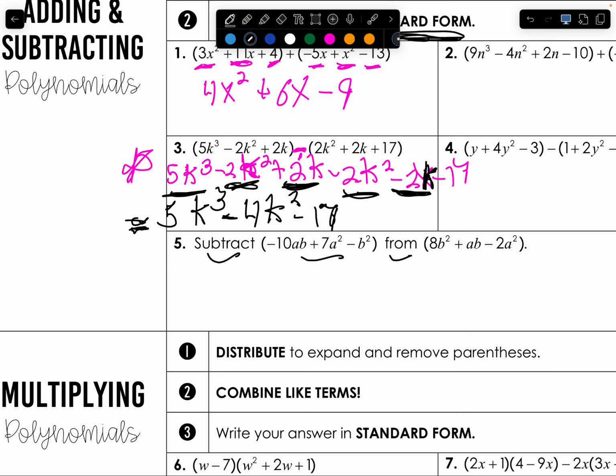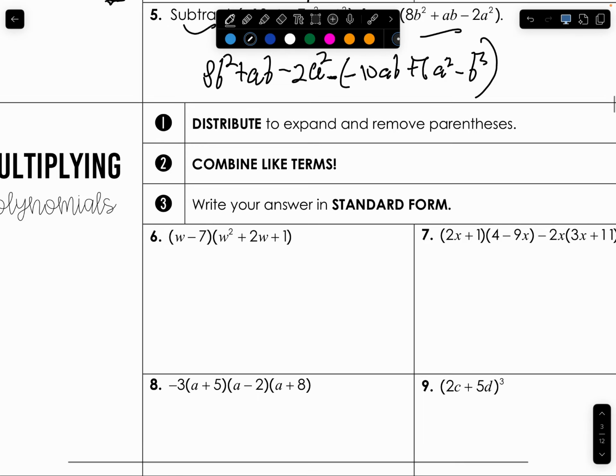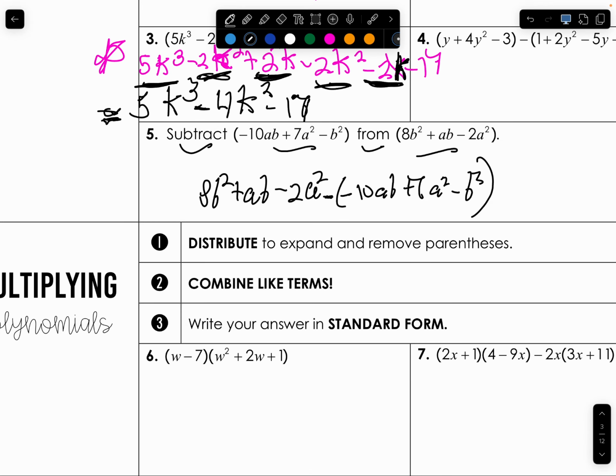Subtract this from this. It means you put them backwards. So the 8b squared plus ab minus 2a squared comes first, and we're subtracting the negative 10ab plus 7a squared minus b squared. So it means we got to change the sign of all the second things.